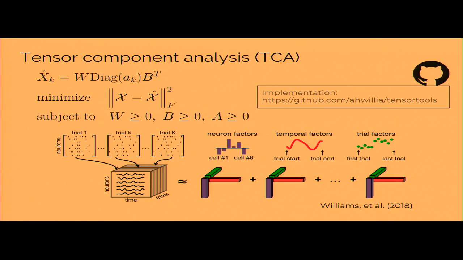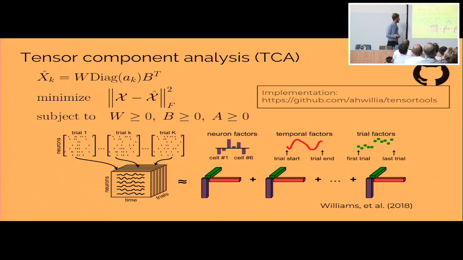We again minimize a reconstruction error. There's a nice Python implementation that you can look up. And I will jump into an example to show you why this is interesting. The crucial thing is that we can keep this third dimension that we otherwise would average out. And so we get information about the trials in our experiment.